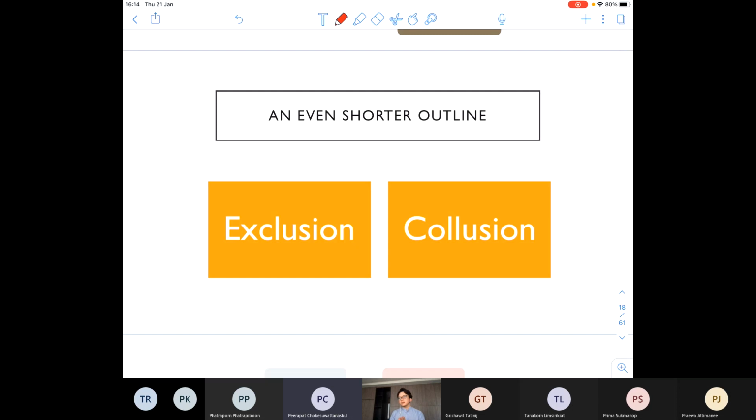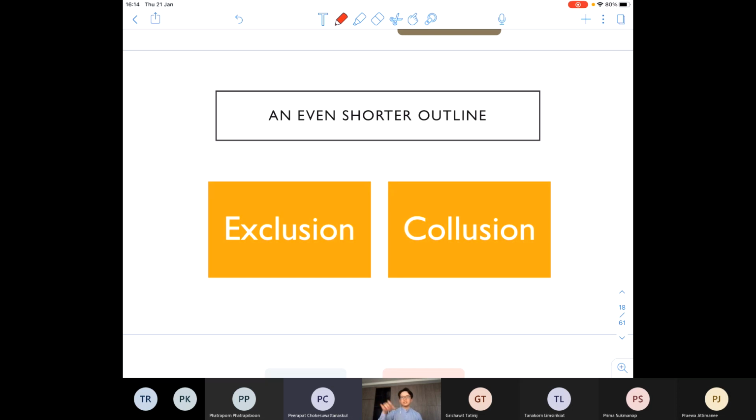And if you have a look at it, you will see that you could even make it shorter. The conduct that we are trying to control are these 2 sorts. The first thing is exclusion. You're big and you try to kick someone out of the market, right?